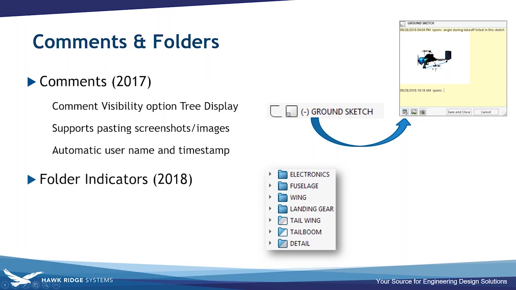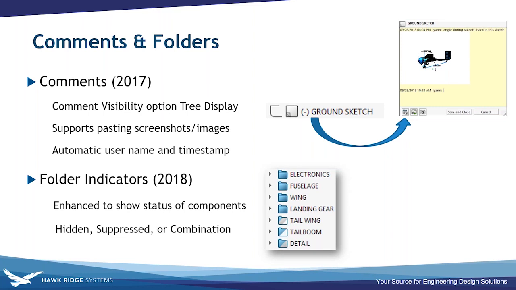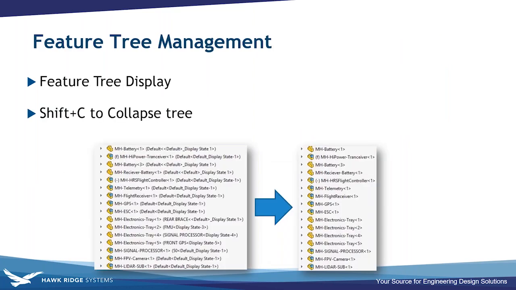So folders are another way to organize your feature tree, and they can include your component status, like being hidden, suppressed, or a combination of the two. So you can hide or display configurations and display state names to simplify your feature tree, and Shift-C is the keyboard shortcut to collapse your expanded feature tree.